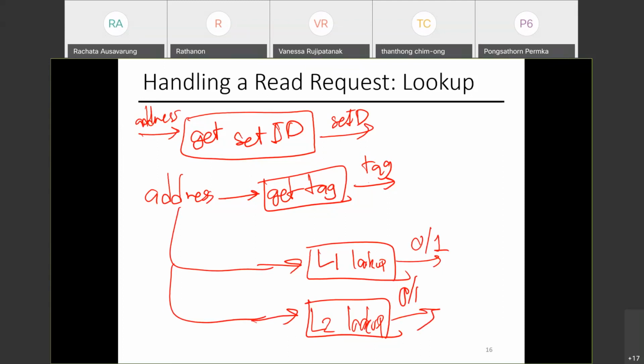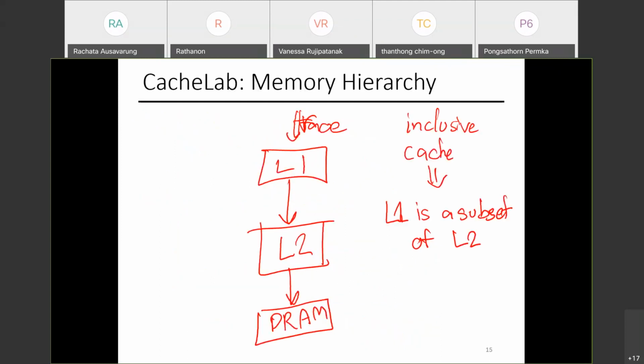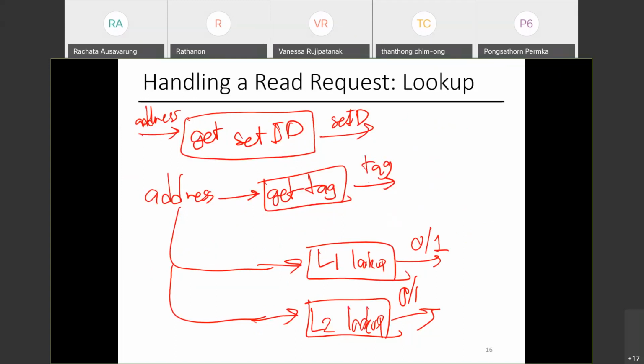You can probably figure out that what you need to do here is call getSetID as a helper function and getTag as another helper function to search my cache. In the code, you will see the cache is a 2D array. I simplified that as well. So you don't have to instantiate anything. It's already been declared. So that's the first part.